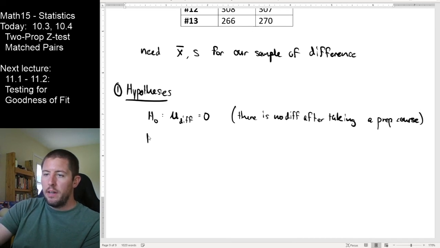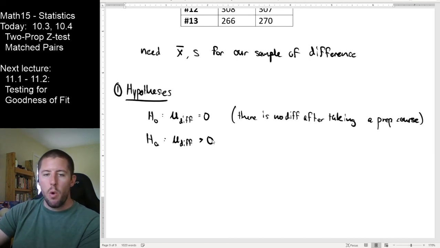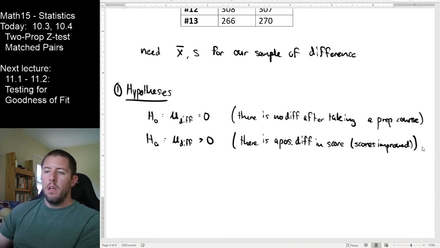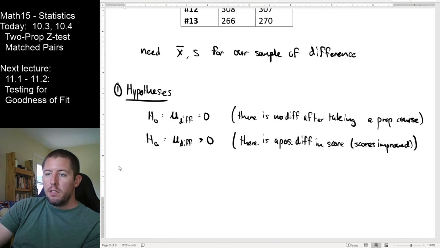On the other hand, I'm thinking that our difference should be positive. We should have a positive change in score if the GRE prep course worked. So that's my null and alternative hypotheses, that the change was 0 or that there was a positive change. People improved from one step to the next.